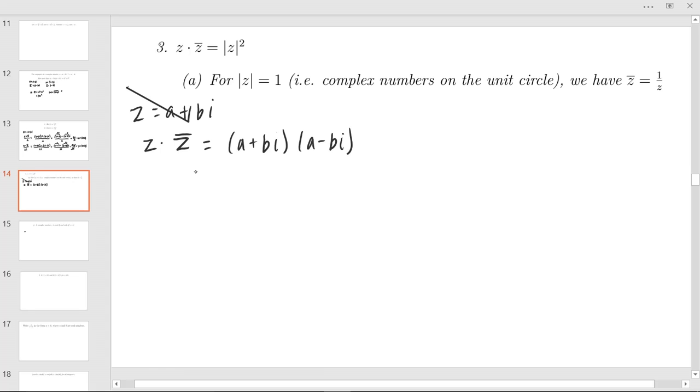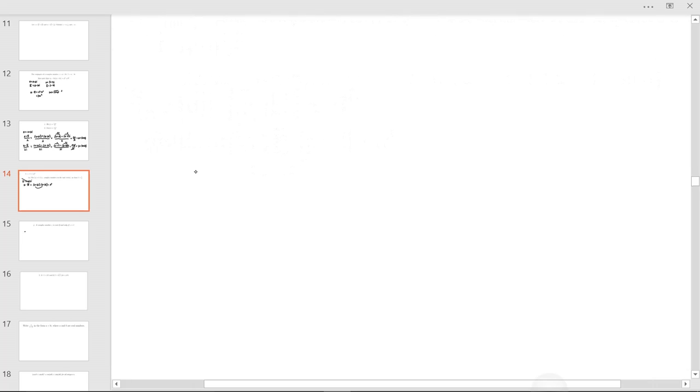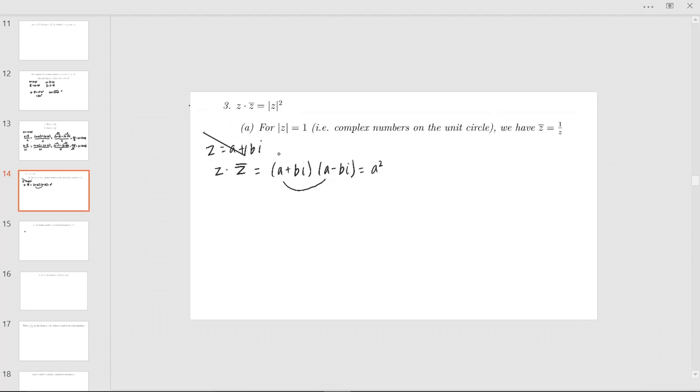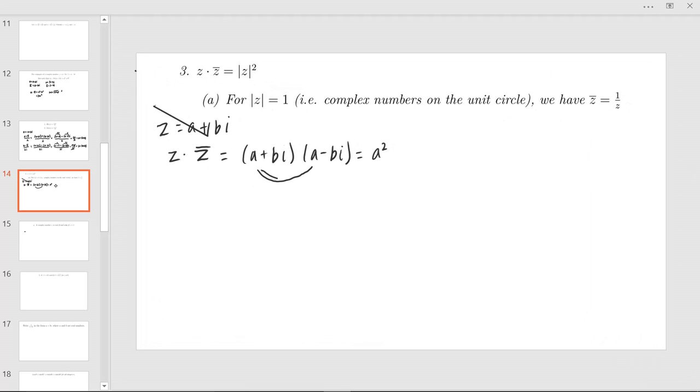To compute this product, we can FOIL this. The first term here is a squared. Then we have a minus abi term. Then we have a plus abi term.